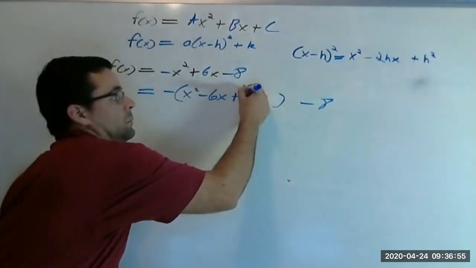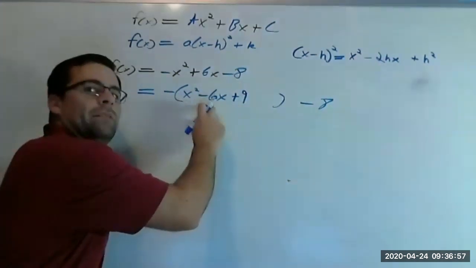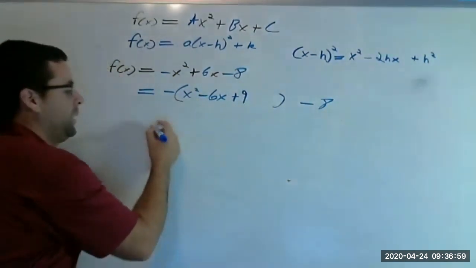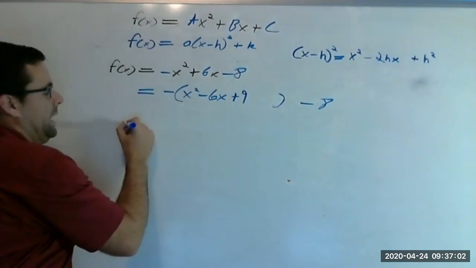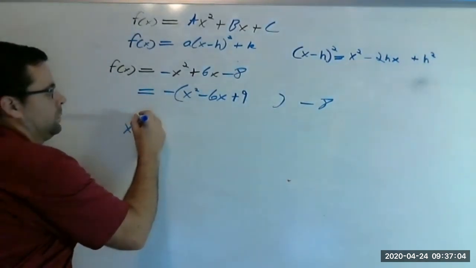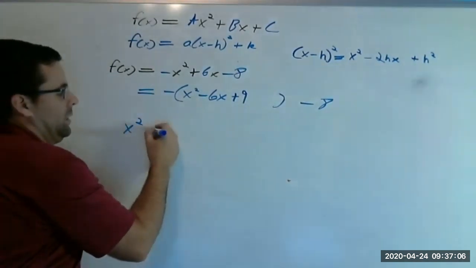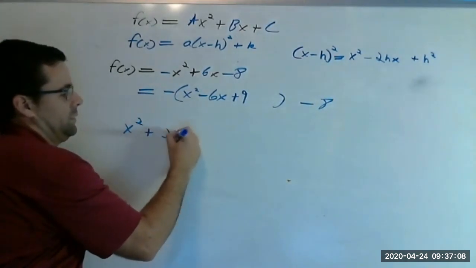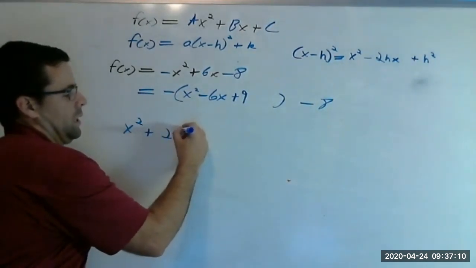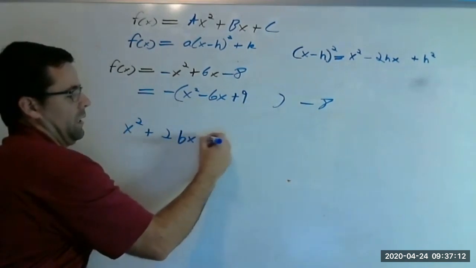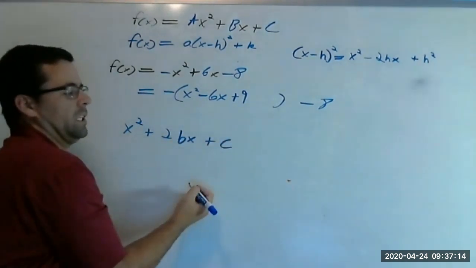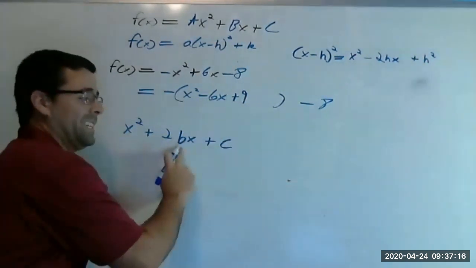Is it always half of that number squared? It's always half of that squared. So when completing the square, you have x squared plus 2bx plus c.